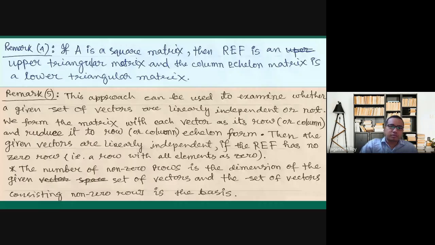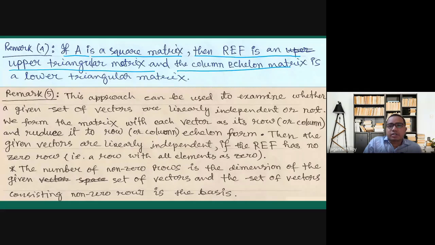Now the fourth property says that if A is a square matrix, then the row echelon form is an upper triangular matrix actually, and the column echelon matrix is actually a lower triangular matrix.